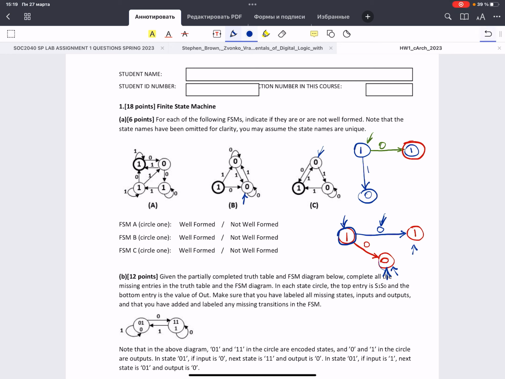Now let's analyze the 3 given states. Let me delete this one. Let's analyze the states one by one, starting from this one.